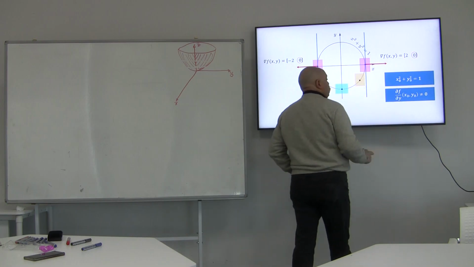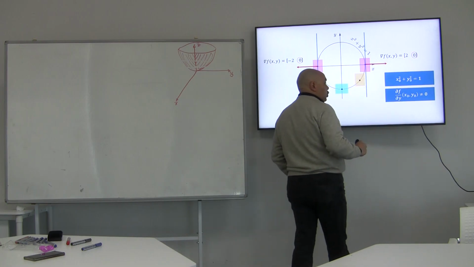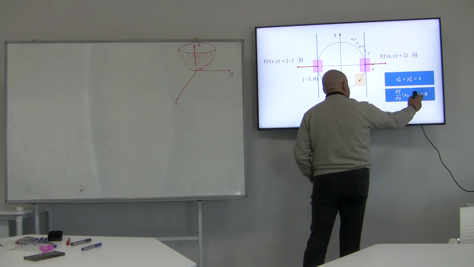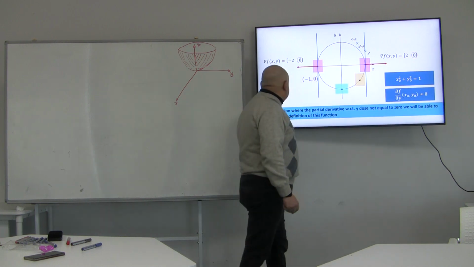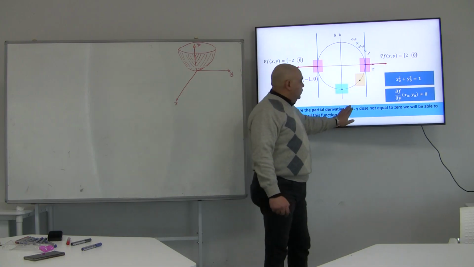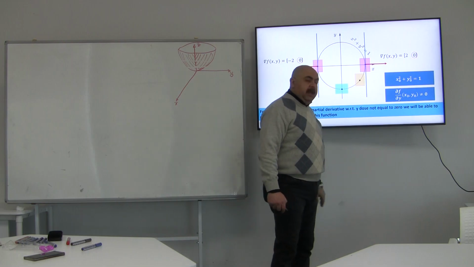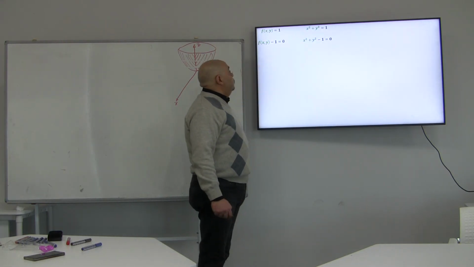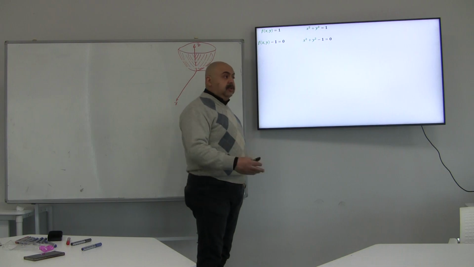So in order to get an implicit definition of this function, the partial derivative of f with respect to y shouldn't equal 0. And this is stated here. For any function where the partial derivative with respect to y doesn't equal 0, we will be able to get an implicit definition.